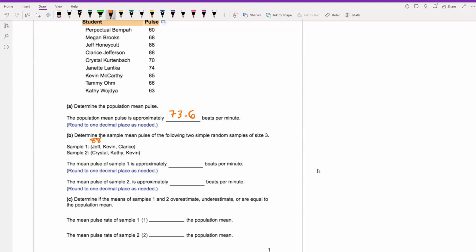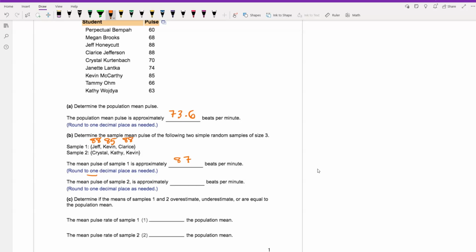For Kevin it is 85. And for Klaus it is 88. Again, we have to enter these numbers into TI-84, and same steps using stat, calc, number 1, 1-Var Stats. Here again, it's asking to round to 1 decimal place, and the answer is 87.